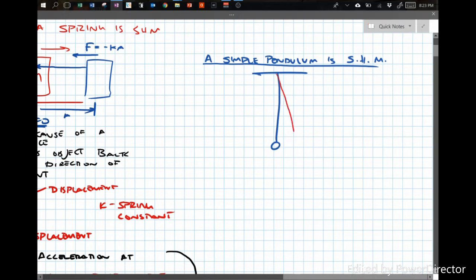We displace that mass just a little bit from the equilibrium position, and part of the weight pulls it back down. So this spot down here would be the equilibrium position. We represent that by saying it's the net force equals 0 position. That's our shorthand for equilibrium.